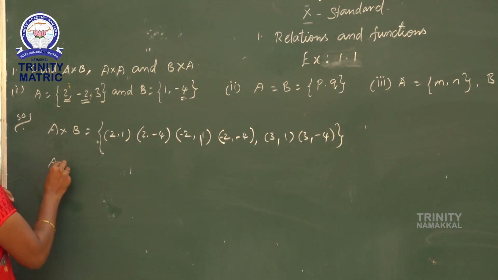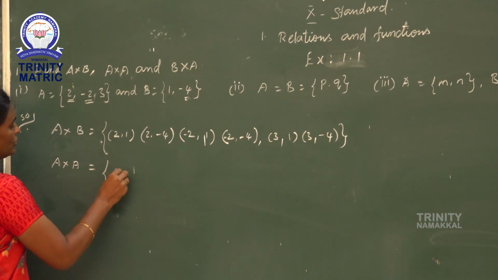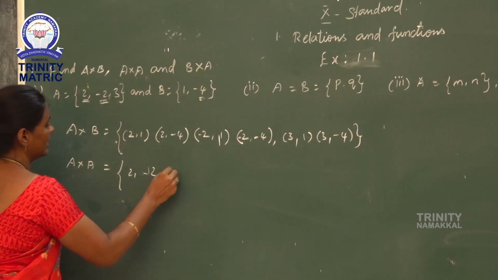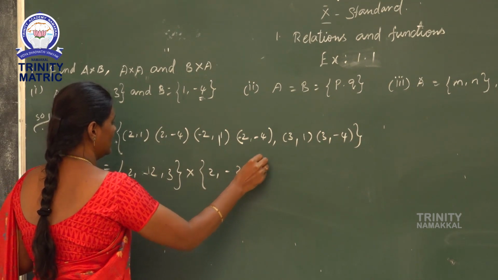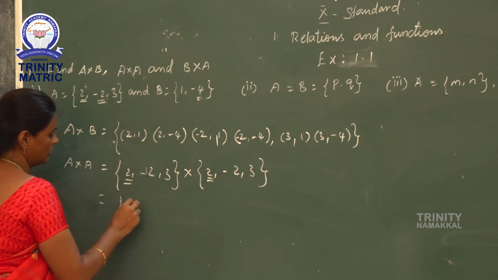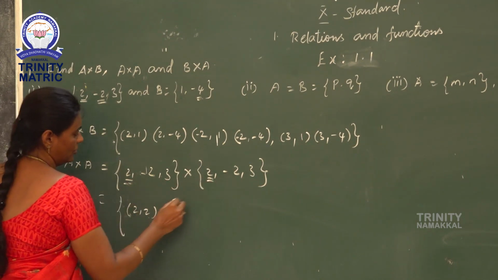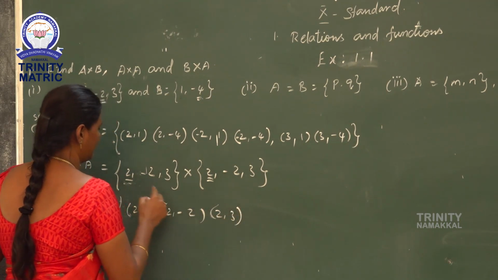Next we have to find A cross A. We take the set {2, -2, 3} cross {2, -2, 3}. Now we write the ordered pairs. First we take 2 with 2: (2, 2), (2, -2). Then (2, 3).